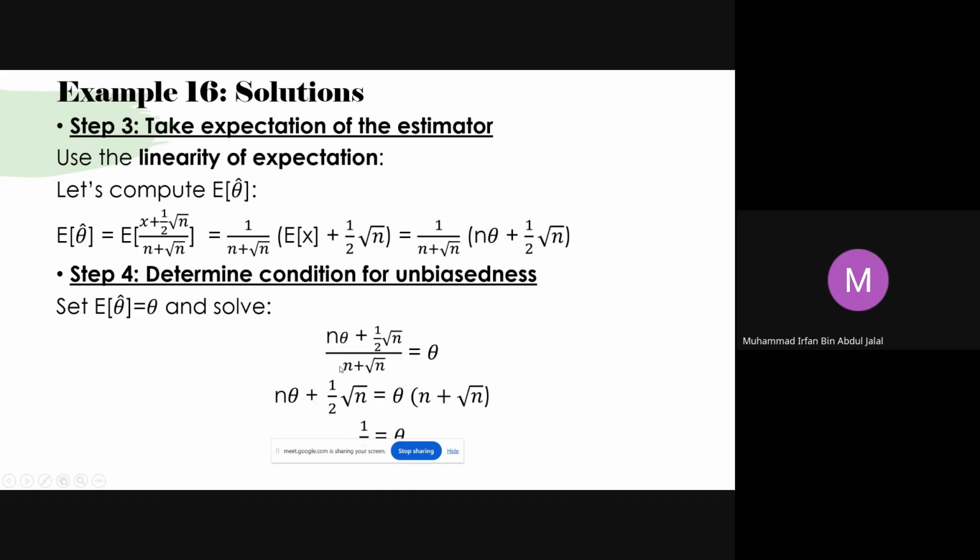For example, if we put 1/3 here and solve the equation, then the value of the estimator will have some discrepancy with theta. That will be your bias; the degree of bias of your estimator can be considered like that.